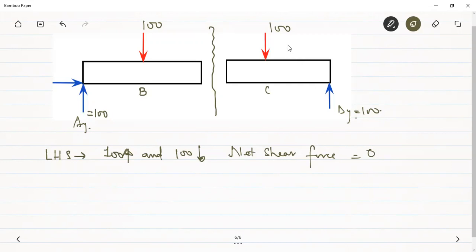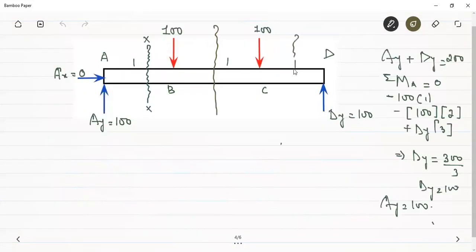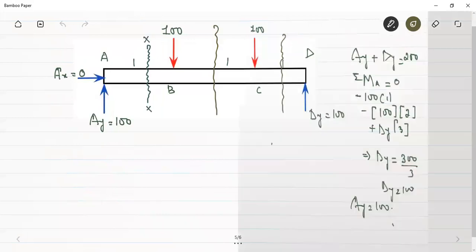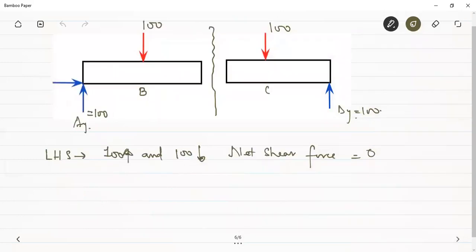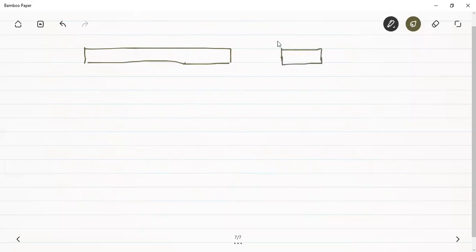Now, if I'm interested in taking this section here, then I can draw the beam. This is the left hand side of the beam. The right hand side of the beam will be small.